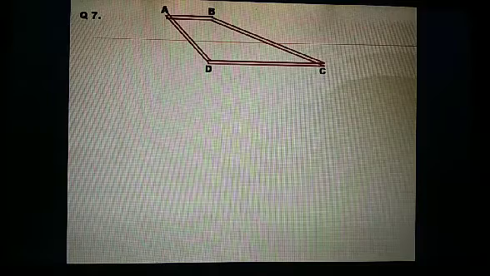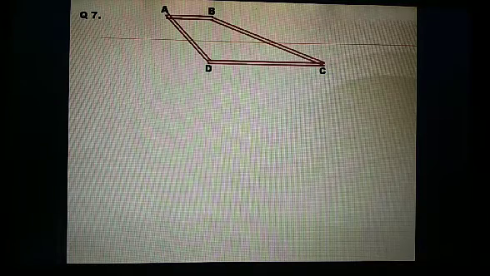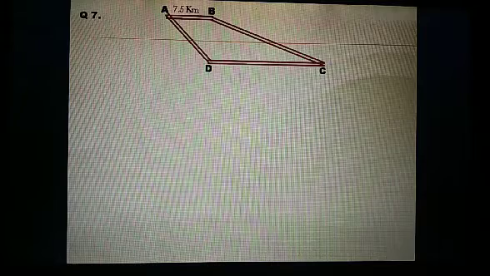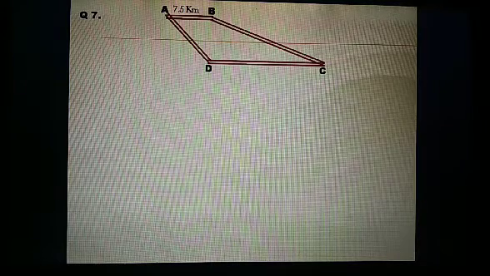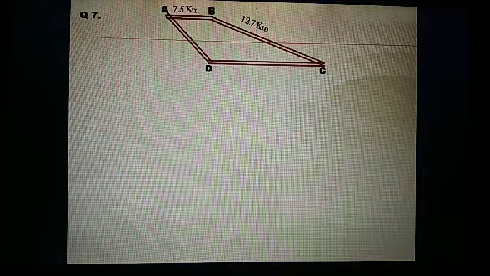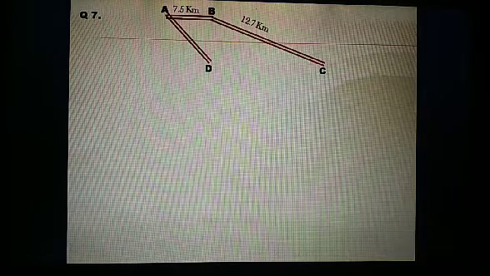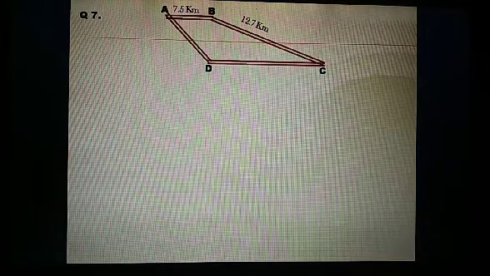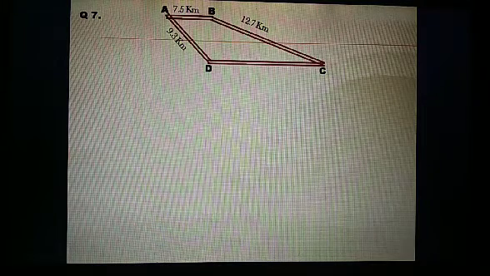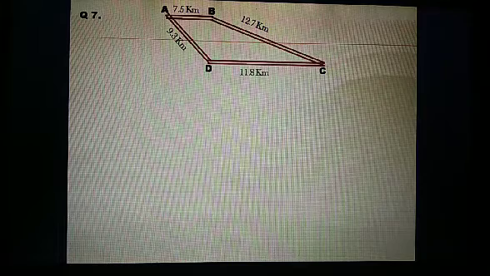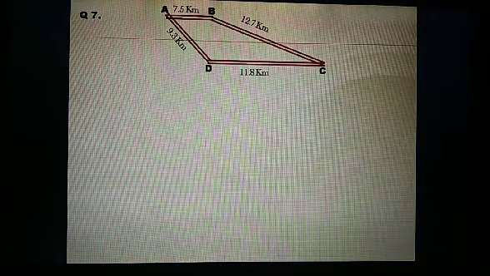As per the question, Dinesh went from place A to place B and from there to place C. Now, A is 7.5 kilometers from B and B is 12.7 kilometers from C. Ayub went from place A to place D and from there to place C. Again, D is 9.3 kilometers from A and C is 11.8 kilometers from D.